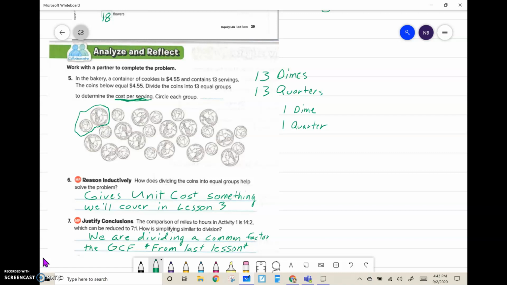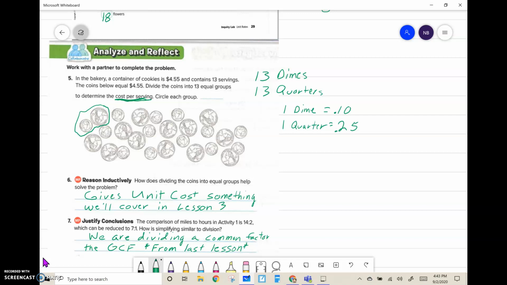What this is doing is getting us ready for the next lesson when we're going to be looking at units, the cost of one, or a unit rate. So you could circle each group, and they just want to know what one group is. We know that a dime is 10 cents and a quarter is 25 cents. So you just count up in your head, or you could do this on paper.